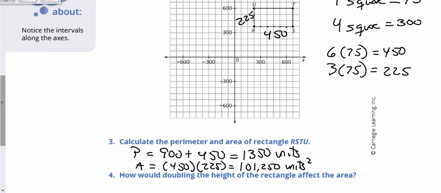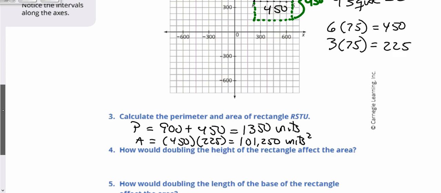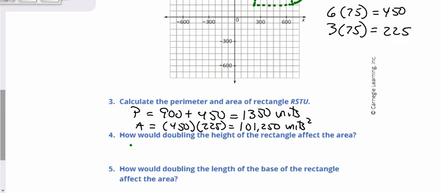So if I double the height, I'm going to take 225 as being the height. So I'm going to double the height. And I now have a rectangle that kind of looks like that. Now, instead of 225 for my height, I have a height of 450. So my new height is 450.